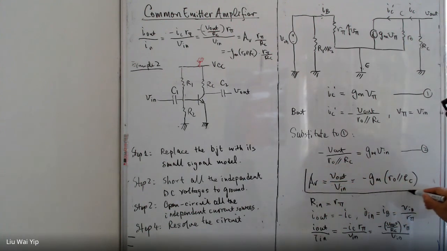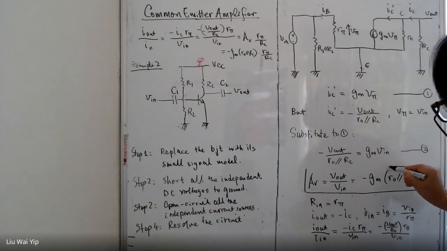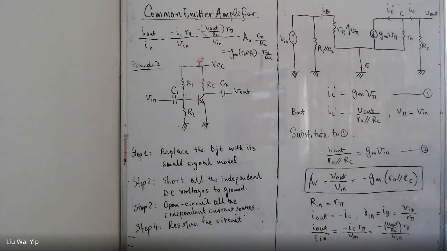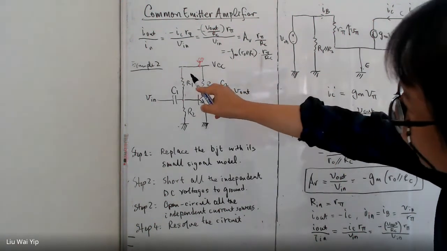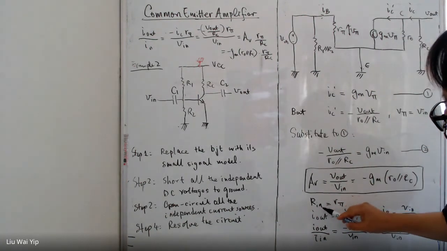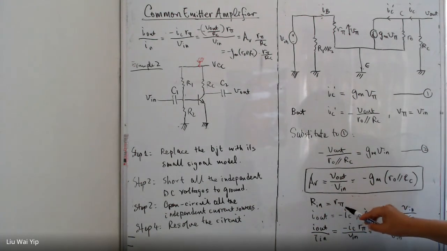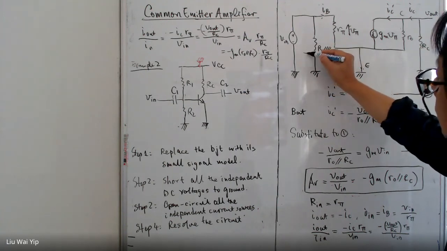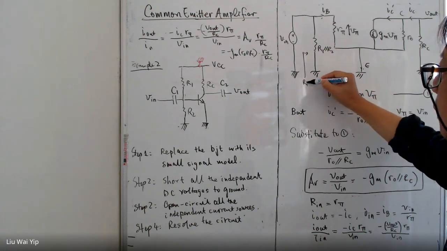The voltage gain remains the voltage gain. The only difference that we have is the input resistance. Previously, in example 1, the input resistance is R pi, but for this one, obviously, if you look at the resistance here, it is not R1.